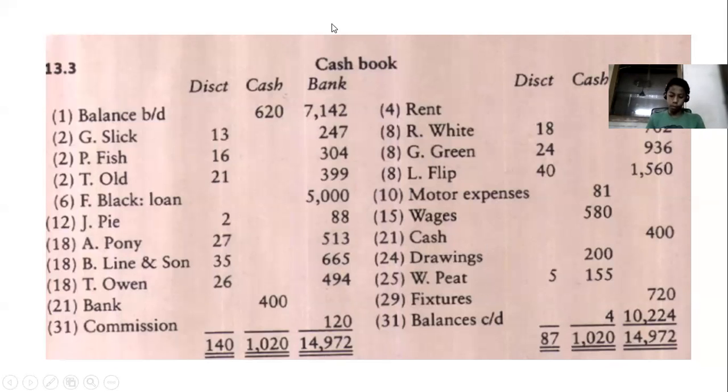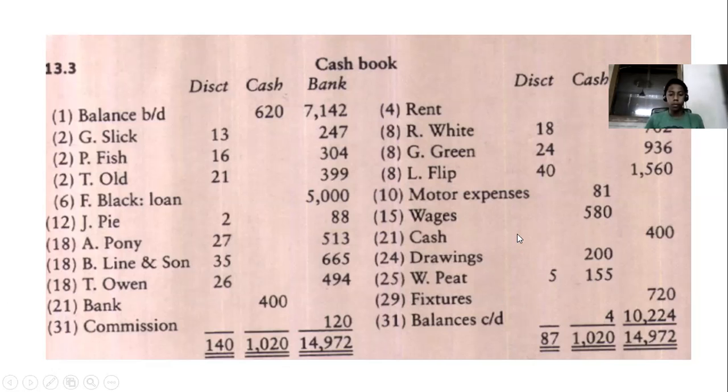One more point to remember: whenever you are writing cash and bank in one place, you have to write C in the folio column, the reference column. You have to write C here and here as well.